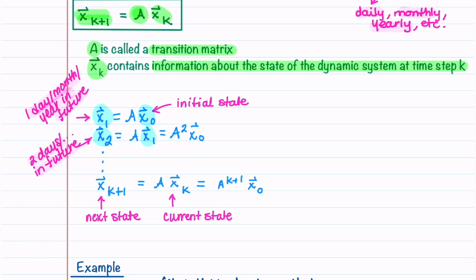But notice, we can substitute in this expression for x1 and get this formula, A squared times x0. The nice thing about this formula is we don't have to calculate the first step to find the second step. Where this really comes into practice is when we find a step in the future, say x sub k plus 1, it's going to equal A to the k plus 1 times x0.